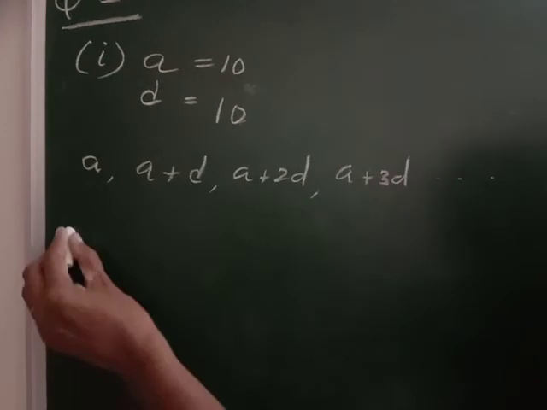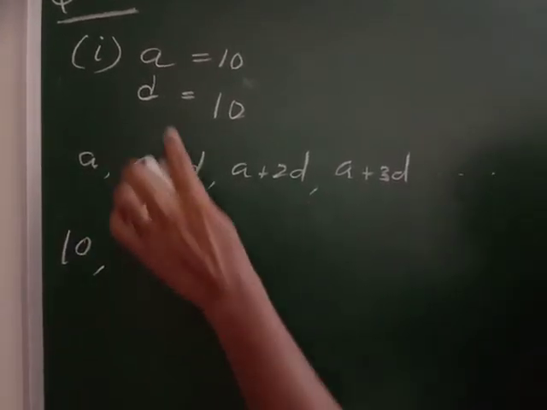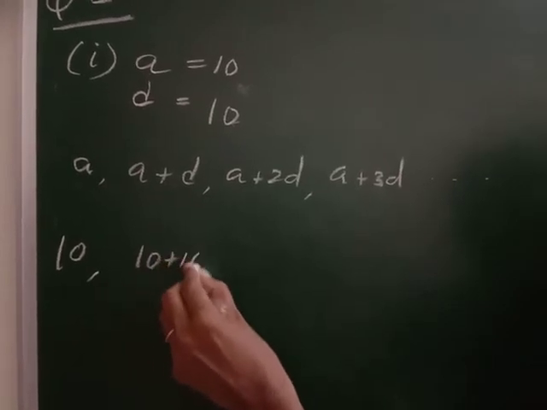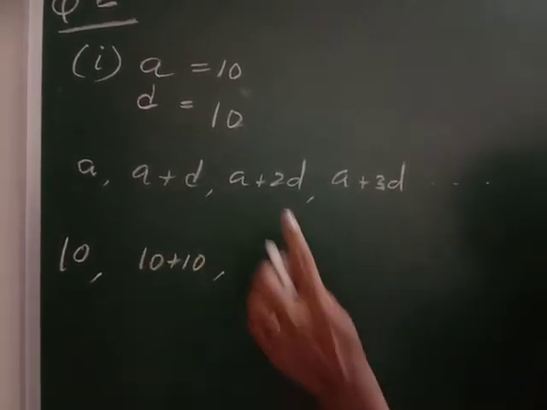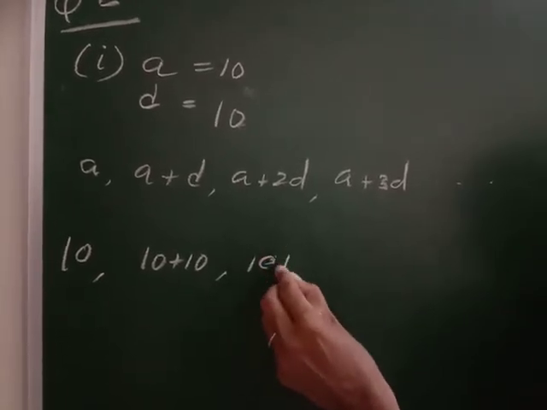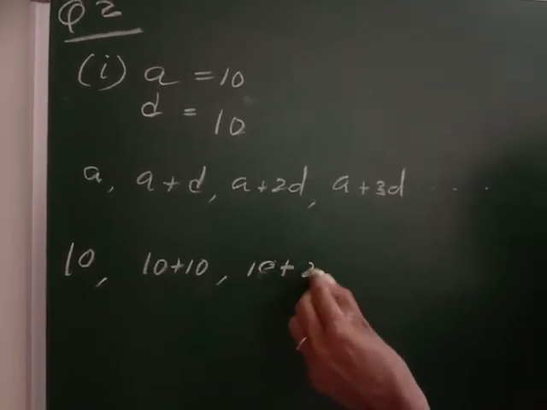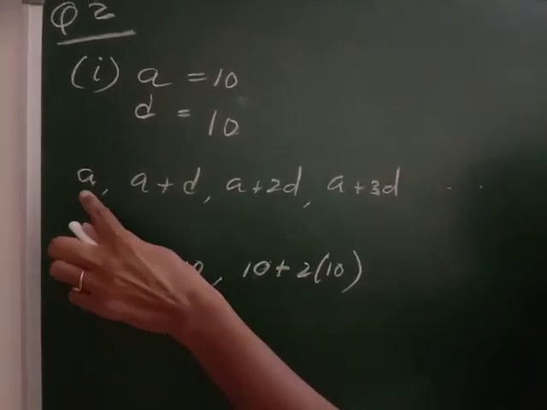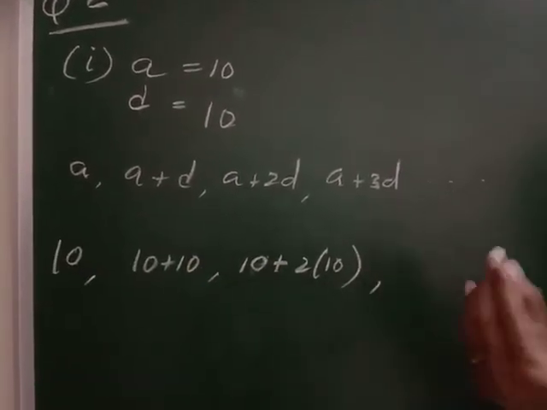Okay. What is A? First term is 10. Now A plus D, so my second term is 10 plus 10. So it will be obviously 20. The third is A plus 2D. That means 10 plus 2 into 10. Right? Keep putting the value of A and D. You will get the terms.